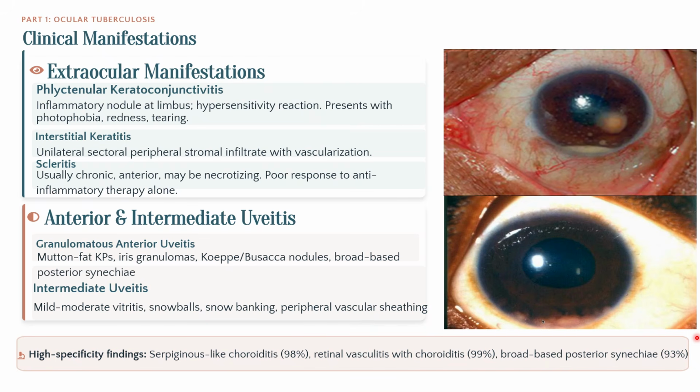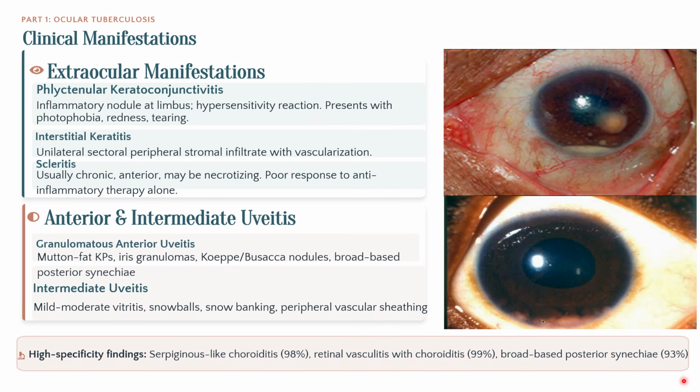Otherwise, if the patient is not known to be positive for tuberculosis, think of HLA-B27 if you find this hypopyon. So the uveitis is granulomatous with mutton-fat KPs, and granulomas in the form of Koeppe nodules and Busacca nodules, also granuloma in the anterior chamber here, and by gonioscopy you can see Berlin's nodules, as we spoke about before, but they are commonly seen in sarcoidosis.